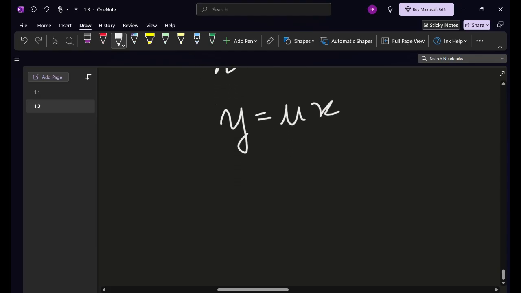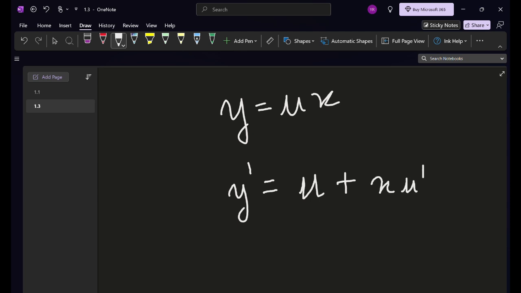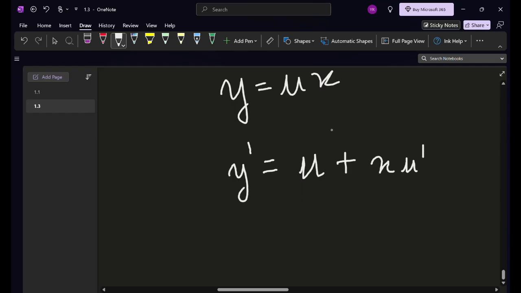y can be written as u into x, and when we differentiate it with respect to x, taking u constant, we differentiate x, and then plus taking x constant, we differentiate u.